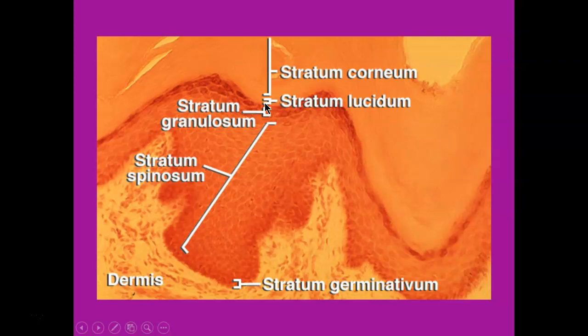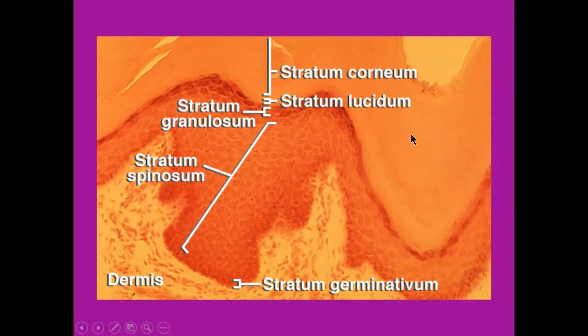Superficial to that, one layer closest to the surface, you'll have the stratum lucidum, which appears somewhat clear. Now this one is not extremely clear. On some slides you can see it very obviously, but it will start to be very, very clear in appearance. You can somewhat see it a little bit better right in this area.